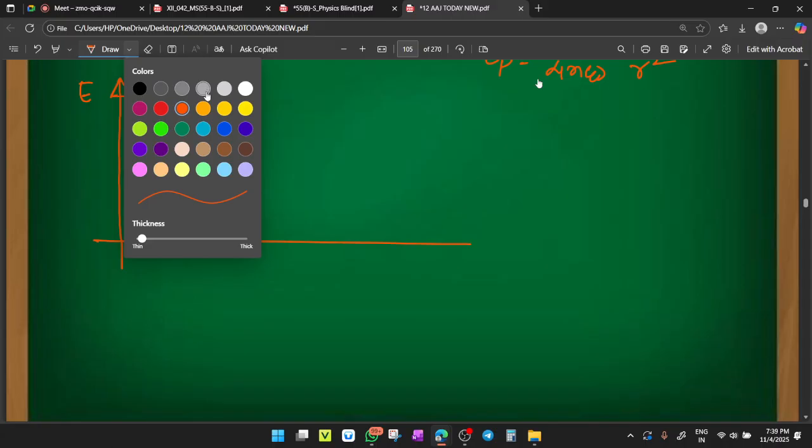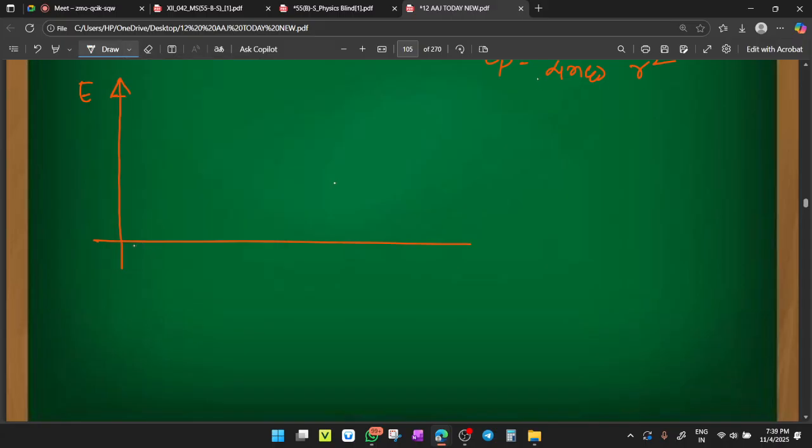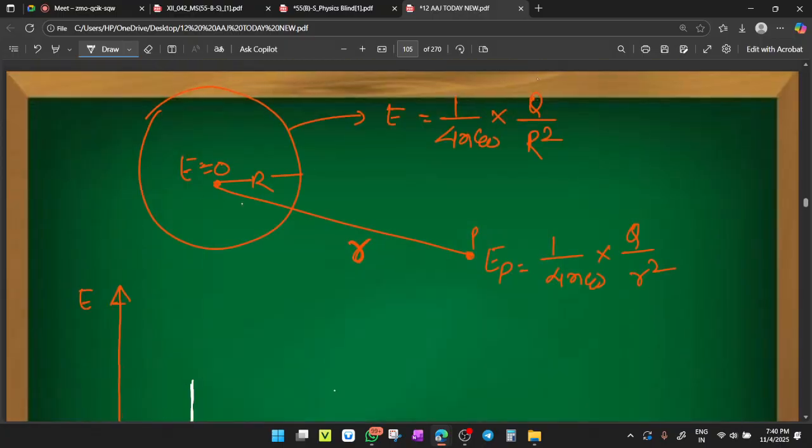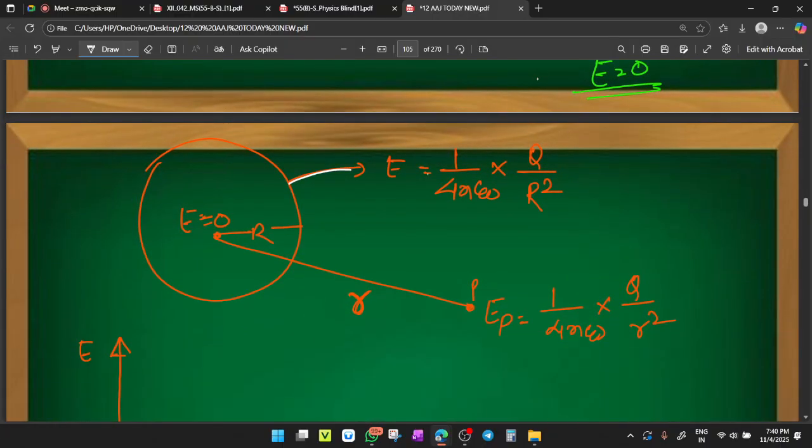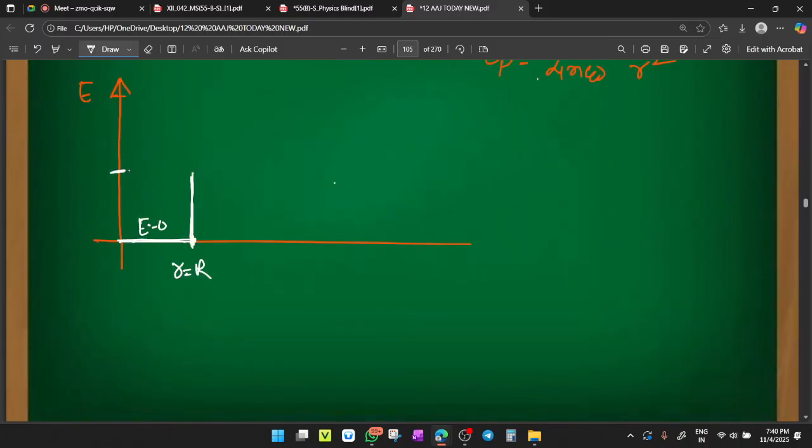Now I can make the variation of electric field with respect to distance. Inside the sphere, up to r equal to capital R, the electric field equals 0. At the surface, the electric field suddenly rises to its maximum value, 1 by 4 pi epsilon naught Q by R square, which may be written as KQ by R square.